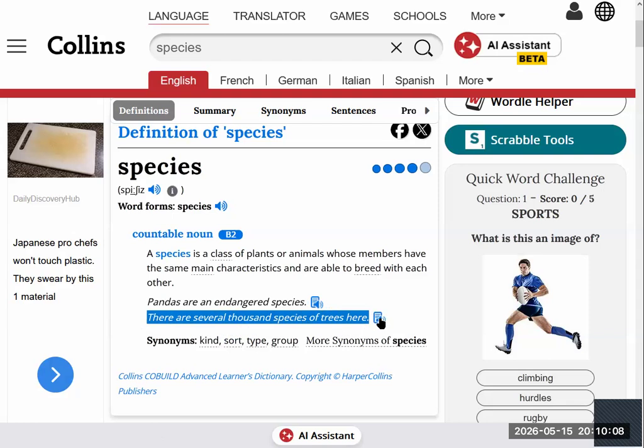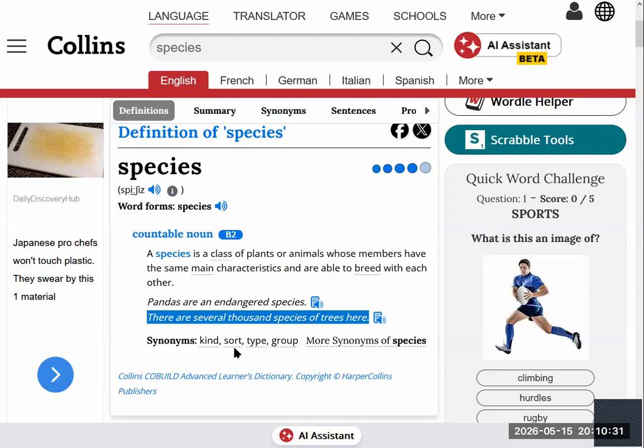Let's listen to the little robot saying it. There are several thousand species of trees here. Yeah, it's pretty good, exactly as you said. Type is here, so kind, sort, and this is the other kind of sort. We had seek previously, the one that means seek or look for.